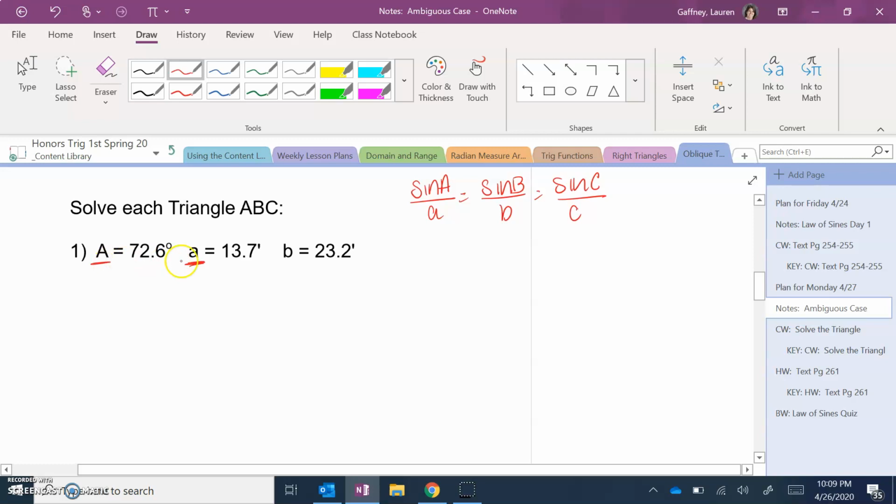So if we have one matching set, we can say sine of 72.6 over 13.7 equals sine of B over side b, so we can find angle B. What we're going to do here is cross multiply. So if I take 23.2 times sine of 72.6, that equals sine of B times 13.7.